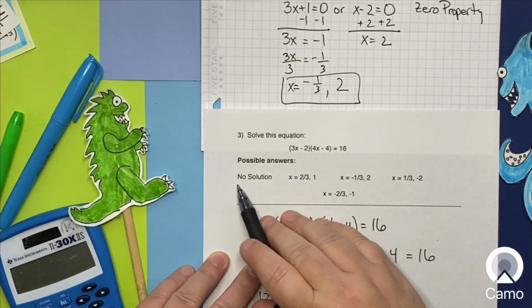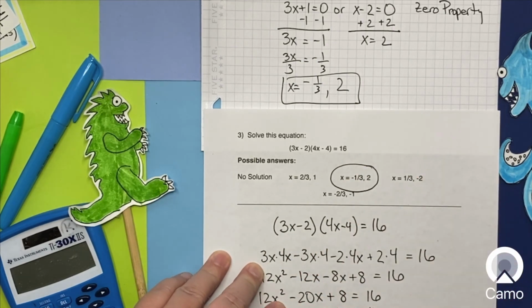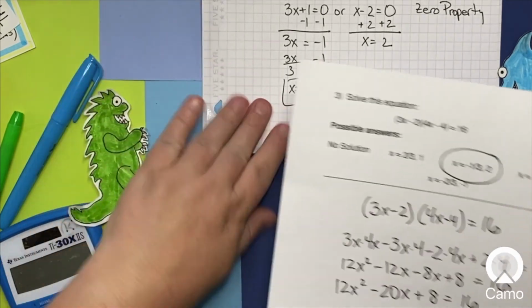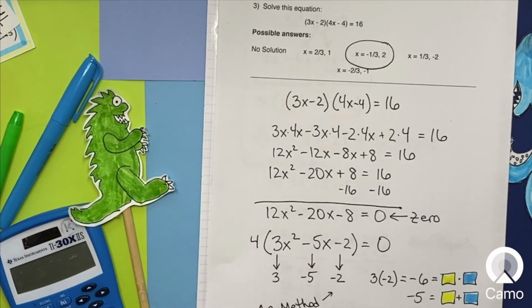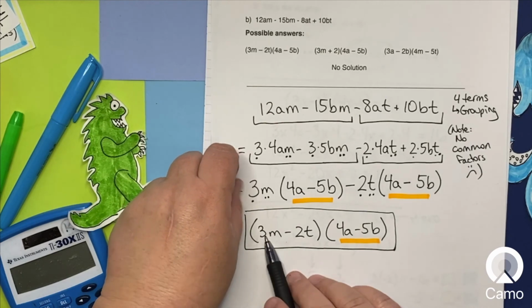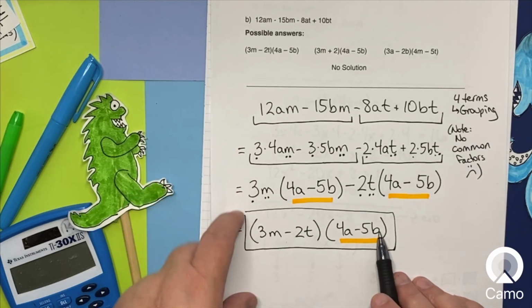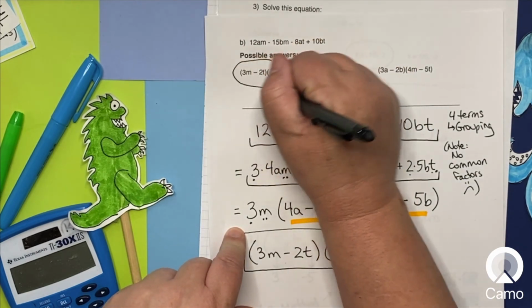My possible answer is no solution. Not... Ooh, look, right there. Bam. Woohoo. Okay, let's see if we can do that for the previous problems. How about number 2b? Number 2b, we got the answer 3m minus 2t times the quantity 4a minus 5b. That's this one right here.